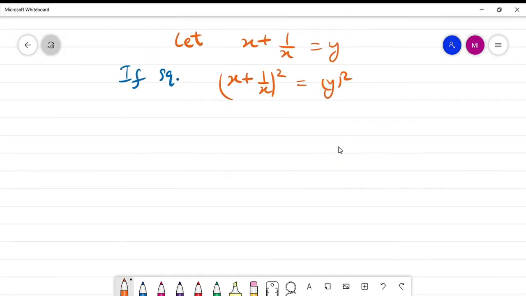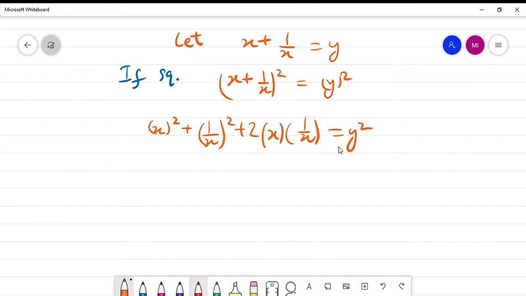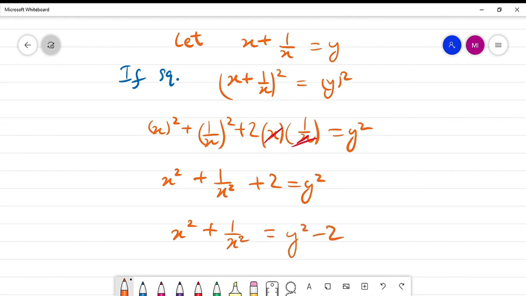And opening up the square, we get x squared plus 1 over x squared plus 2 into x into 1 over x is equal to y squared. So we get x squared plus 1 over x squared plus 2 is equal to y squared. So x squared plus 1 over x squared is equal to y squared minus 2.